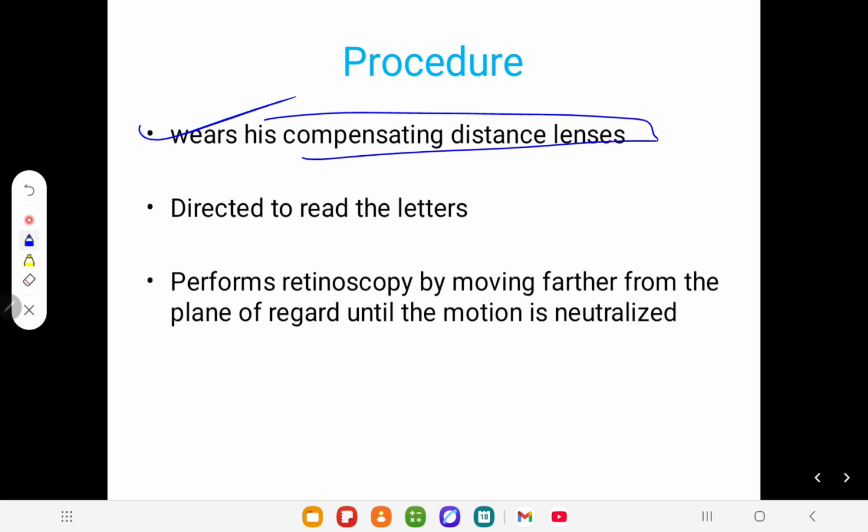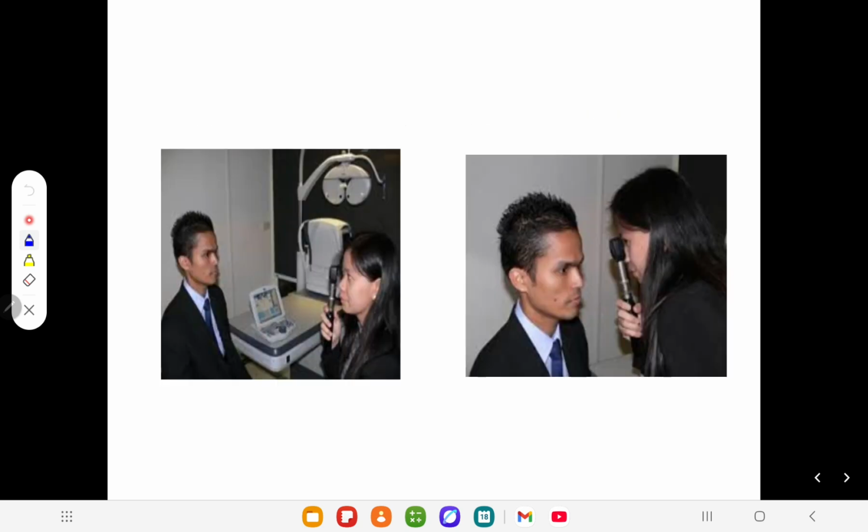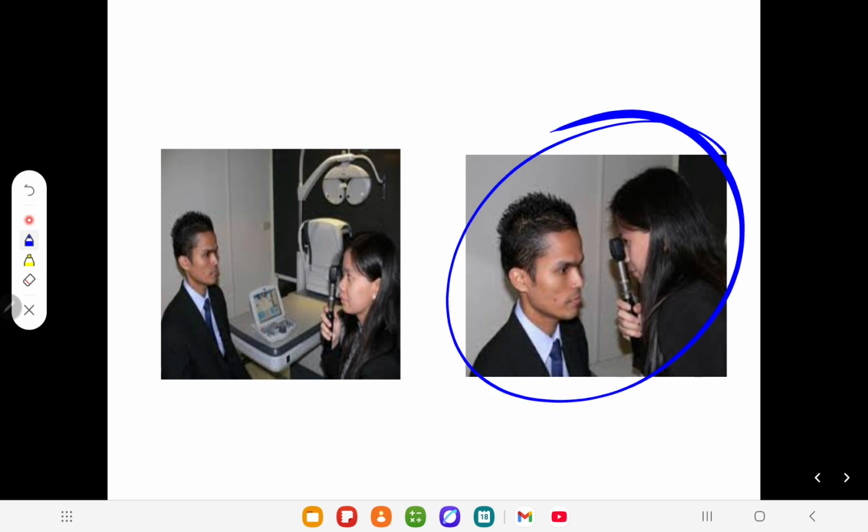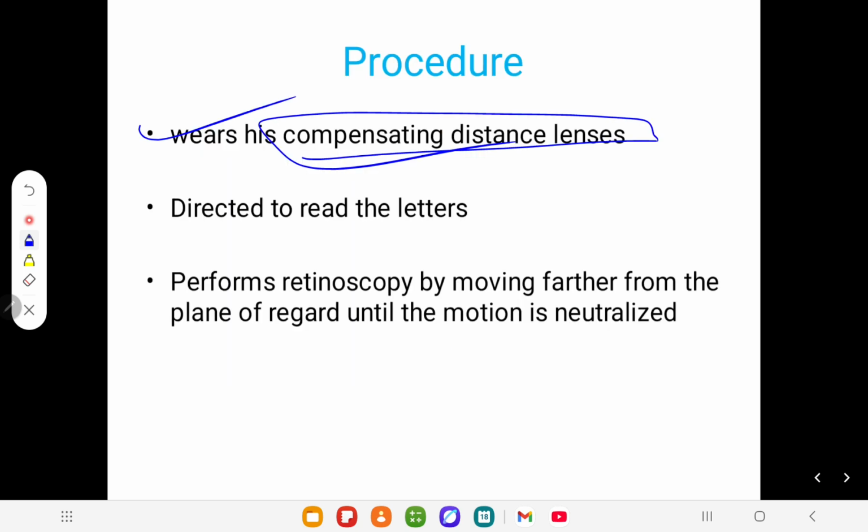It's always important in retinoscopy: we always assume that distance refraction is corrected. The patient is directed to read the letters, and we perform retinoscopy by moving farther from the plane of regard until the motion is neutralized. Basically the patient is fixating at a particular distance and reading the letters, then we as optometrists move in front or behind and find the neutralization position.